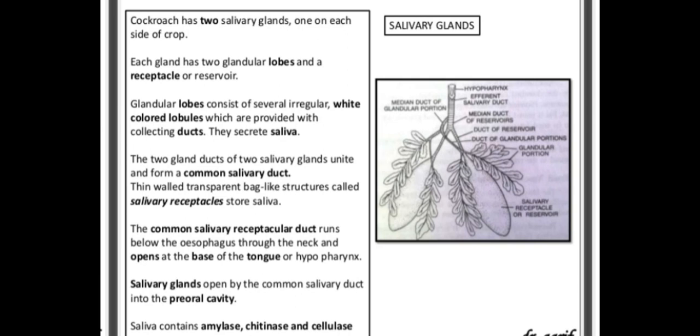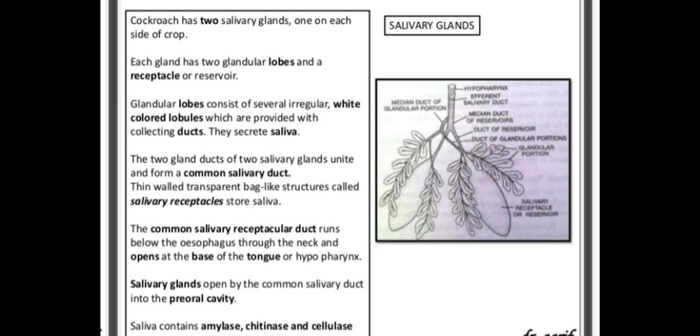By peristaltic movement the food is further pushed. It is mixed with the enzymes from the hepatic ceca present at the junction of foregut and midgut, and thus the food is further passed down.